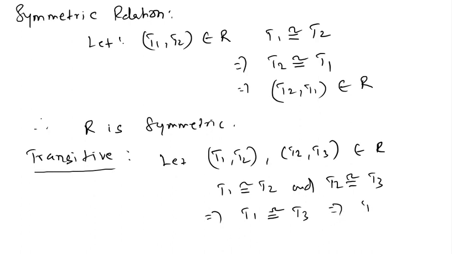What is the conclusion? T1 is a pre-image of the triangle T3. So (T1, T3) also belongs to R now. This is true for every pair of ordered pairs of the form (T1, T2) and (T2, T3). And the final conclusion: the relation R is transitive.